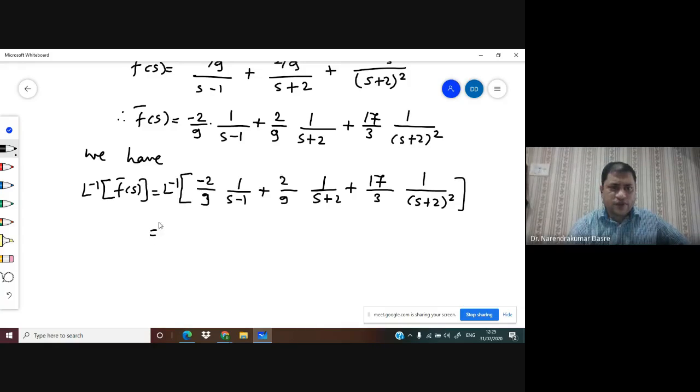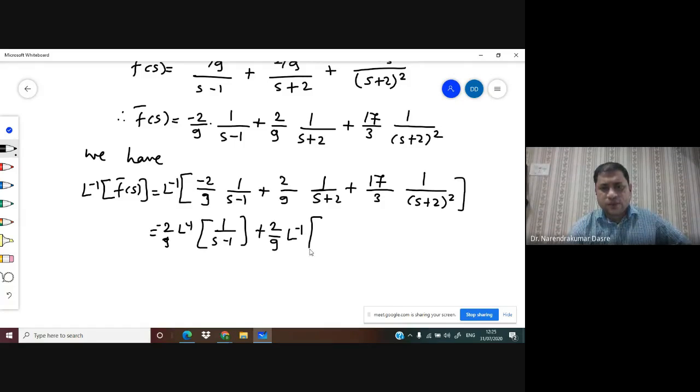So here we have, by using the linearity property, -2 by 9 Laplace inverse of 1 upon s - 1 plus 2 by 9 Laplace inverse of 1 upon s + 2 plus 17 by 3 Laplace inverse of 1 upon (s + 2) bracket square.